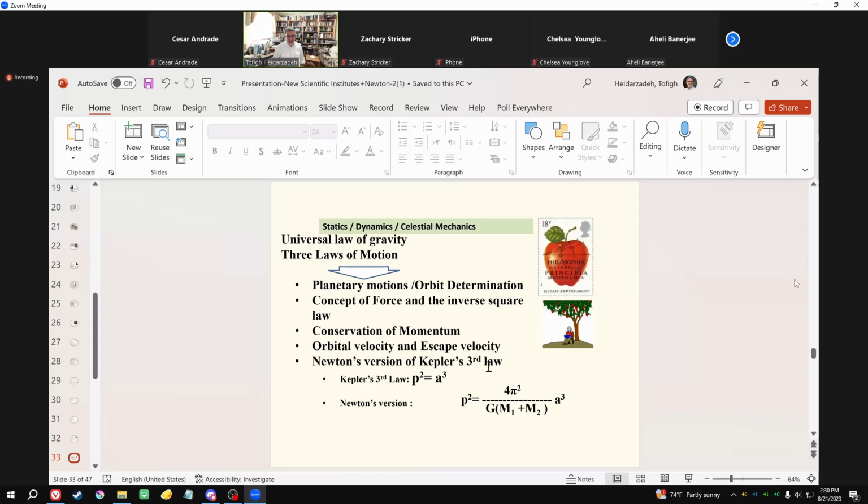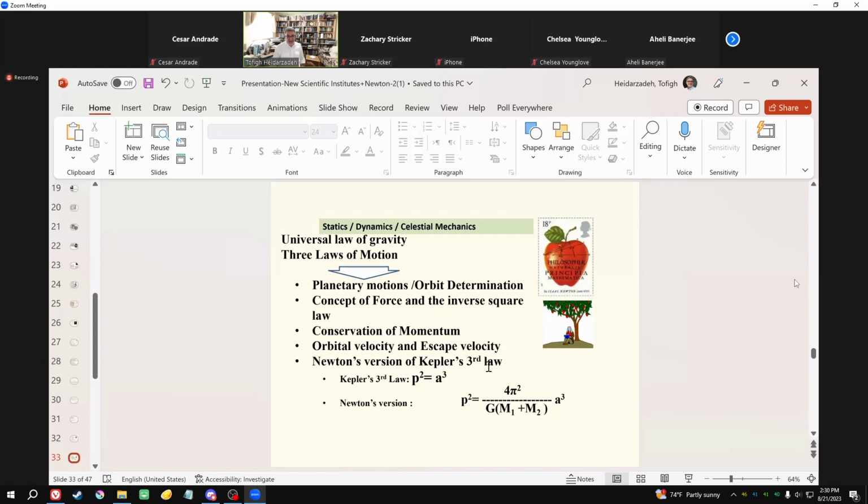Or you can jump back and look at the satellites of Jupiter. You can estimate the distance of a satellite from Jupiter. You find out A, and you know its period, as long as we had accurate enough clocks at that time.